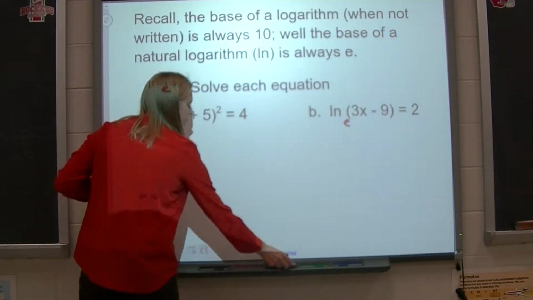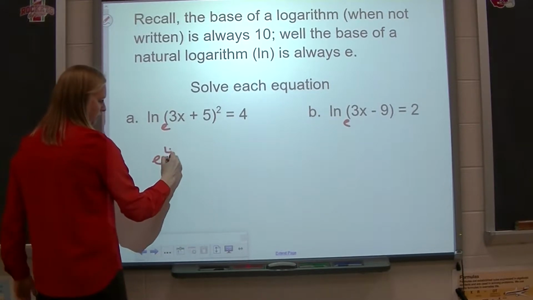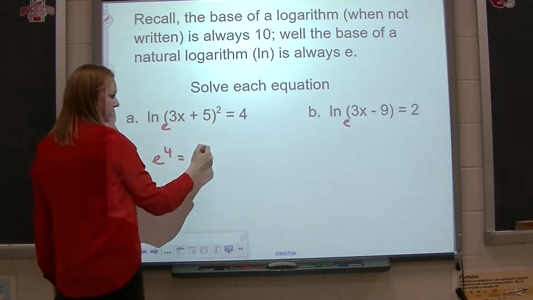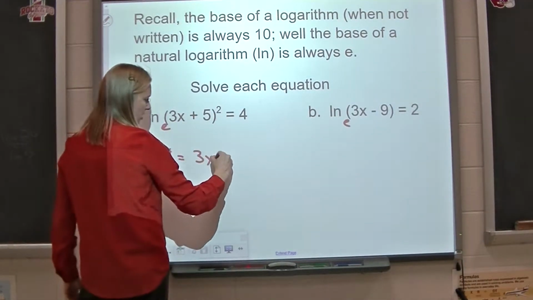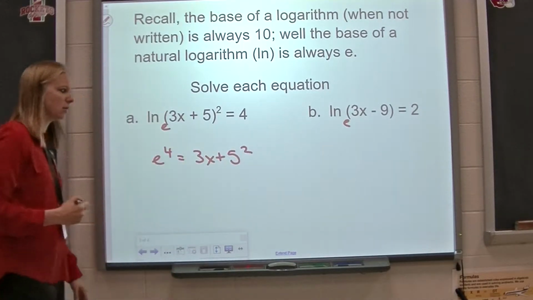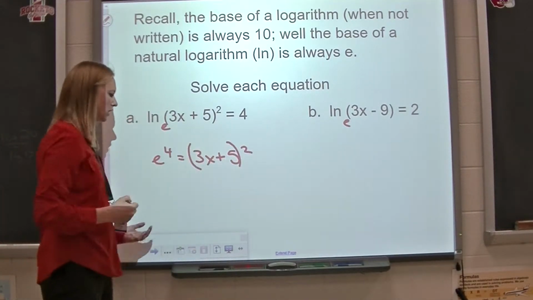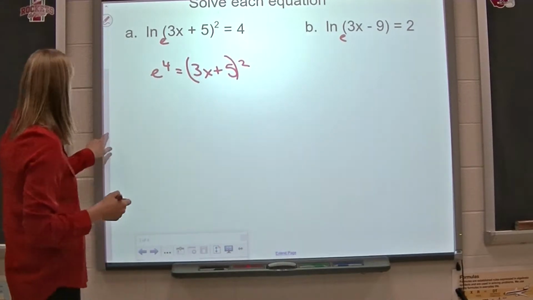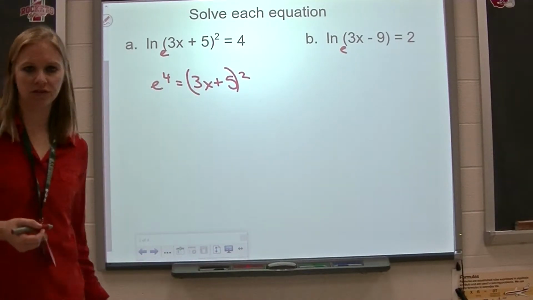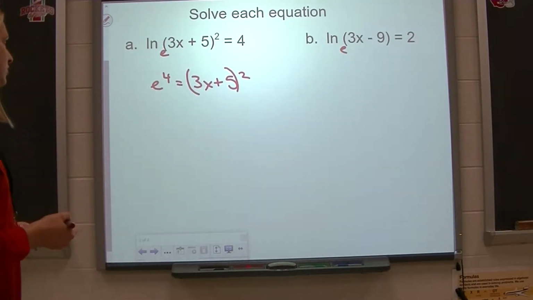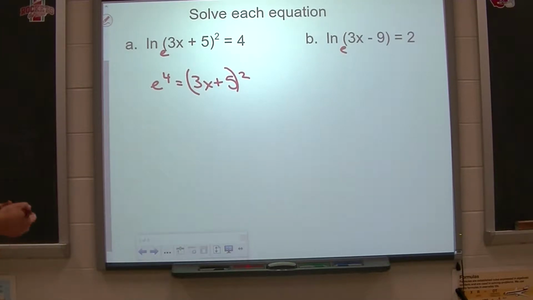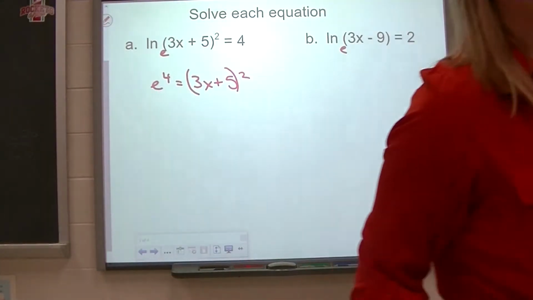So here, it's going to be e to the 4th power. There's our b, there's our x, and our y is 3x plus 5 squared. Okay, so to solve this, we would take e to the 4th power, and then we have to do 3x plus 5 squared. Actually, no, we don't have to do that.